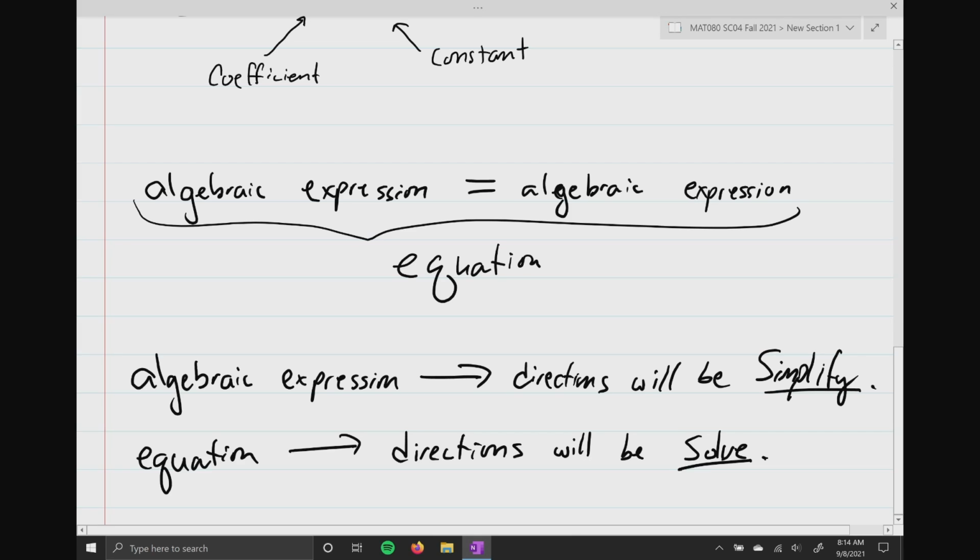An algebraic expression is just a statement. An equation has a left side and a right side. Does that make sense, everyone? Are we sure? Because this is a lot of definitions thrown at you, hopefully filling in gaps.